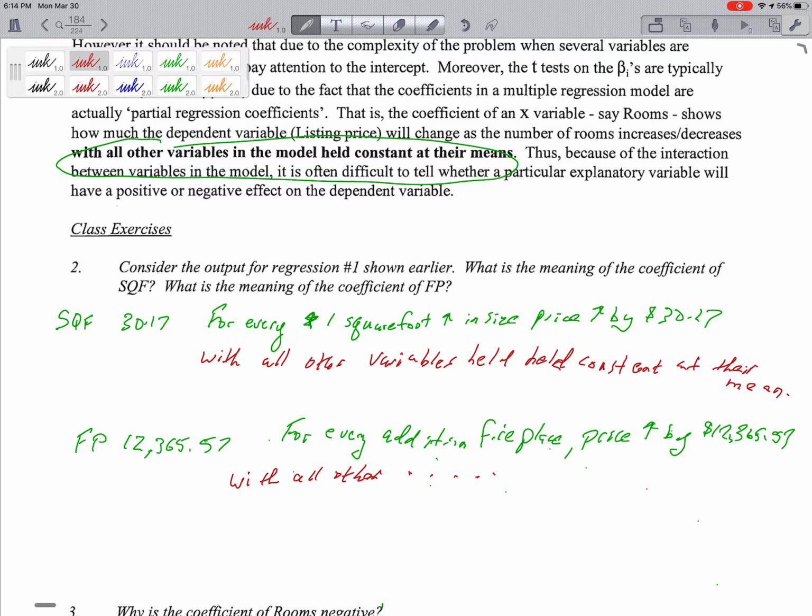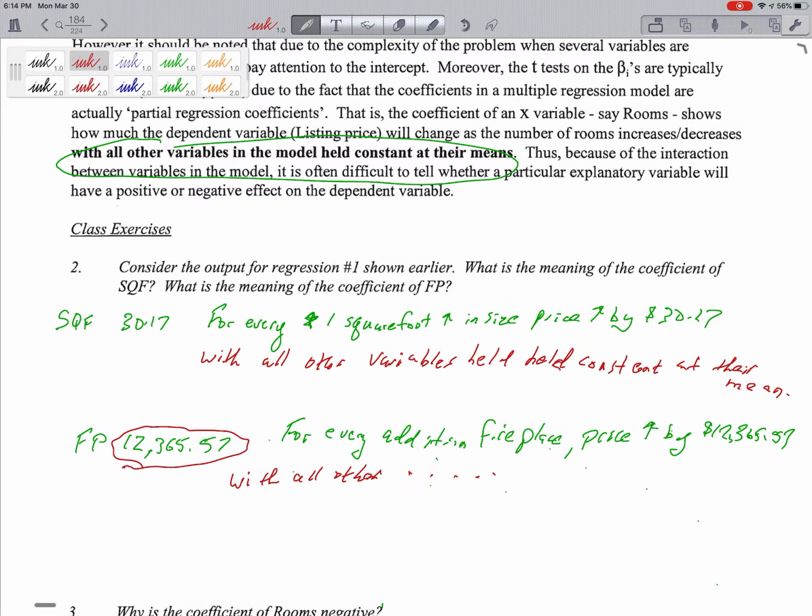But I do want to stop here for a moment and say, this sounds like a great deal. Because how much does it really cost to put in a fireplace? Well, under $5,000, even if you get a fairly fancy one. And so this is a great deal. You can just keep stuffing fireplaces into this house.